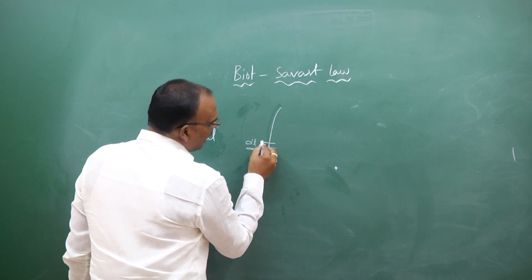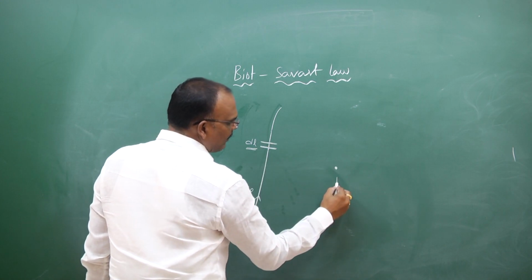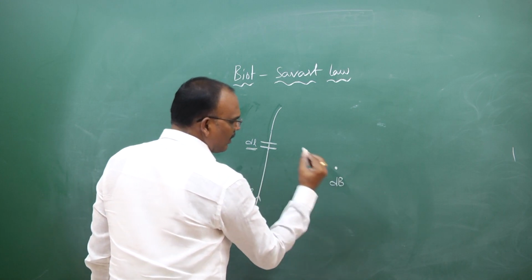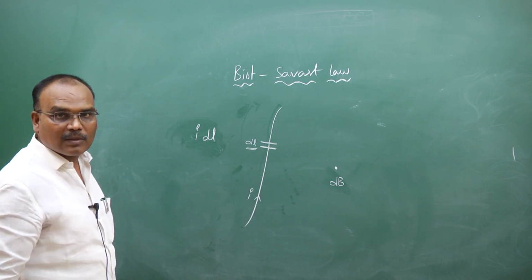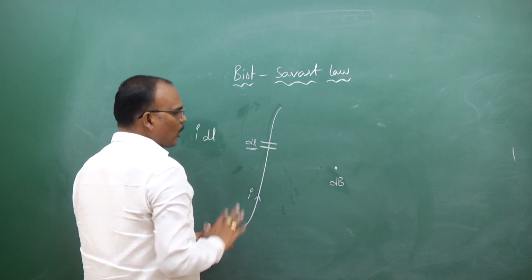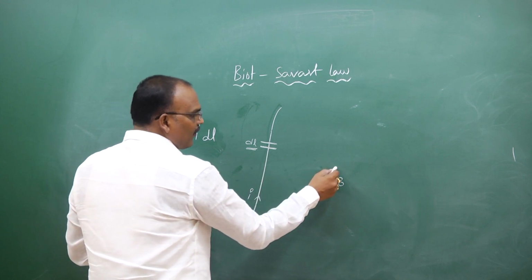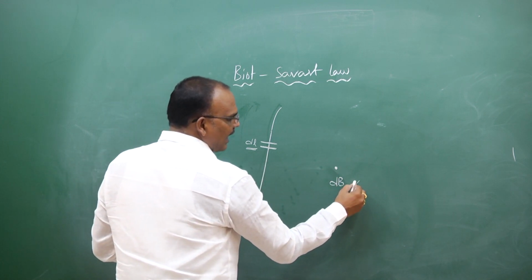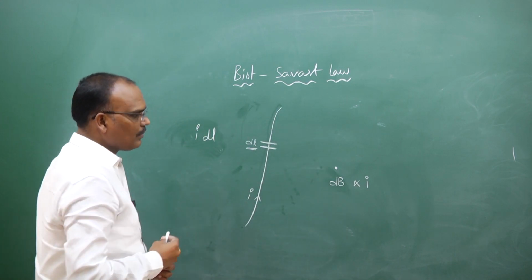Then the magnetic field due to this small portion of the conductor can be represented with dB. Small portion, small magnetic field. This small magnetic field at this point is into the board. But it is an empirical relation. The magnetic field at this point is directly proportional to the strength of the current in the conductor.